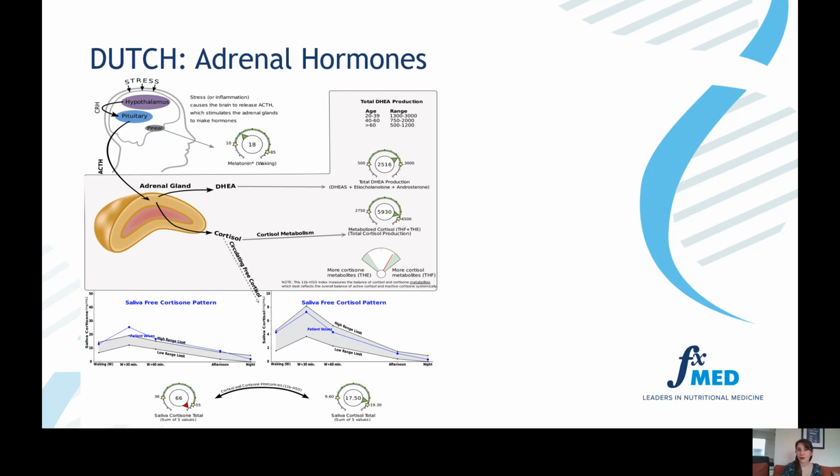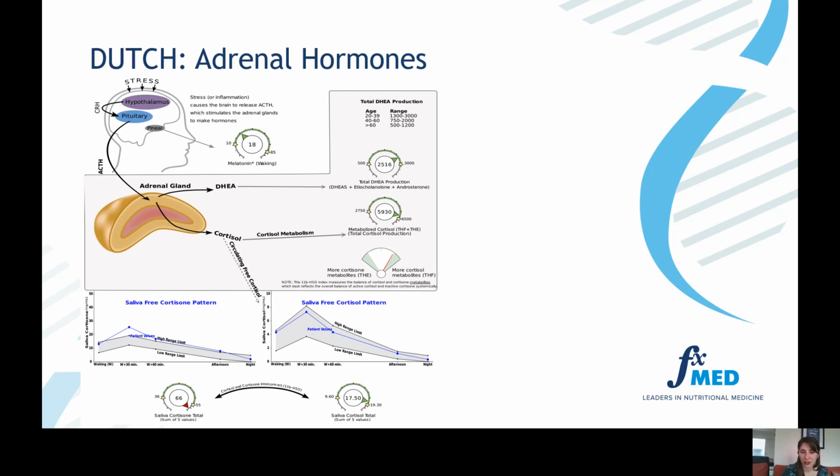This is one of the cool graphs. So we see the hypothalamic pituitary axis here, the hypothalamic pituitary adrenal axis, the HPA. So we see that stress happens and it's occurring in the brain, and then it goes through to the adrenals to affect adrenal hormone production. So DHEA and cortisol are affected.